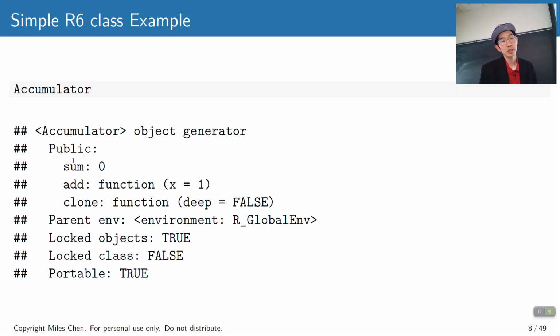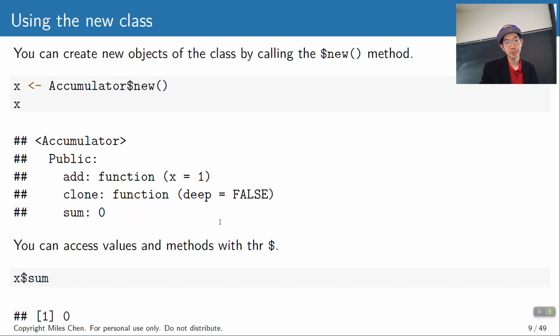Within public, there's the field sum and the method add. There's also a method clone, which we did not define, but which comes with any R6 class. And it has other information here.